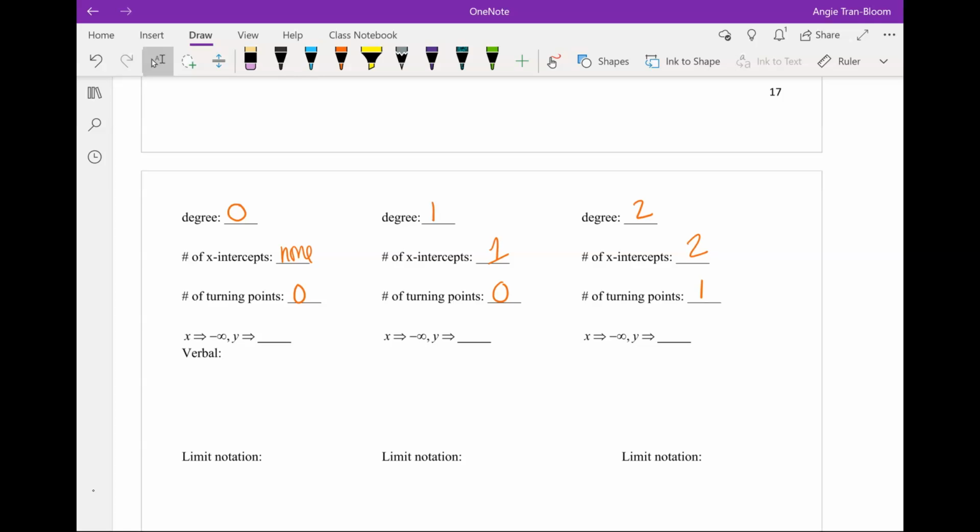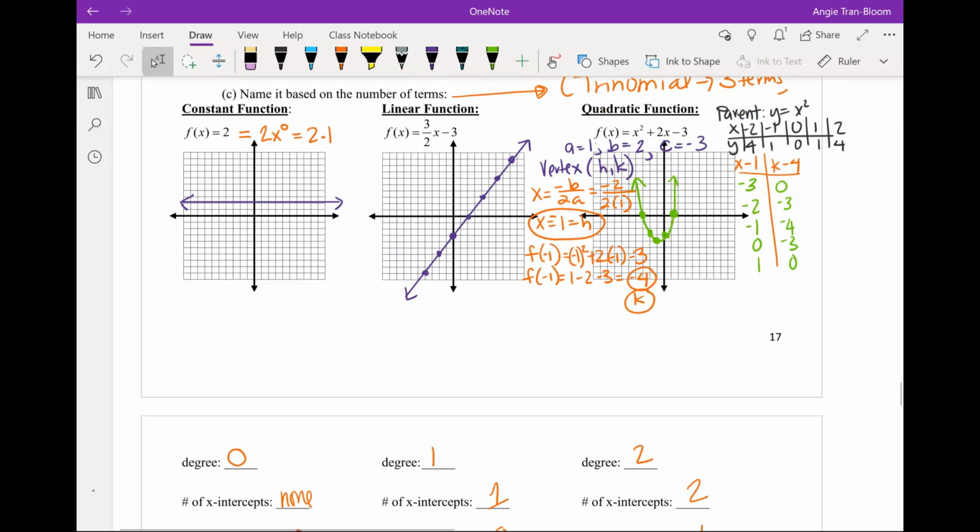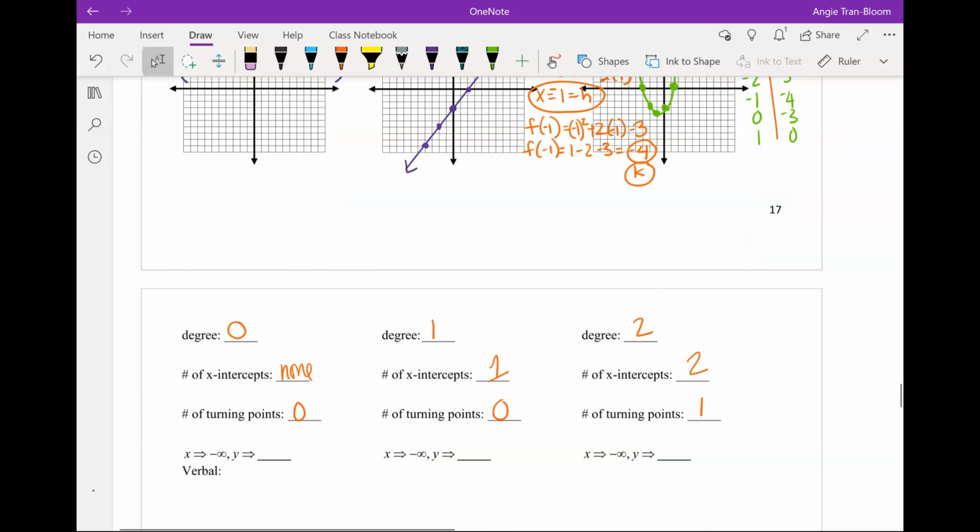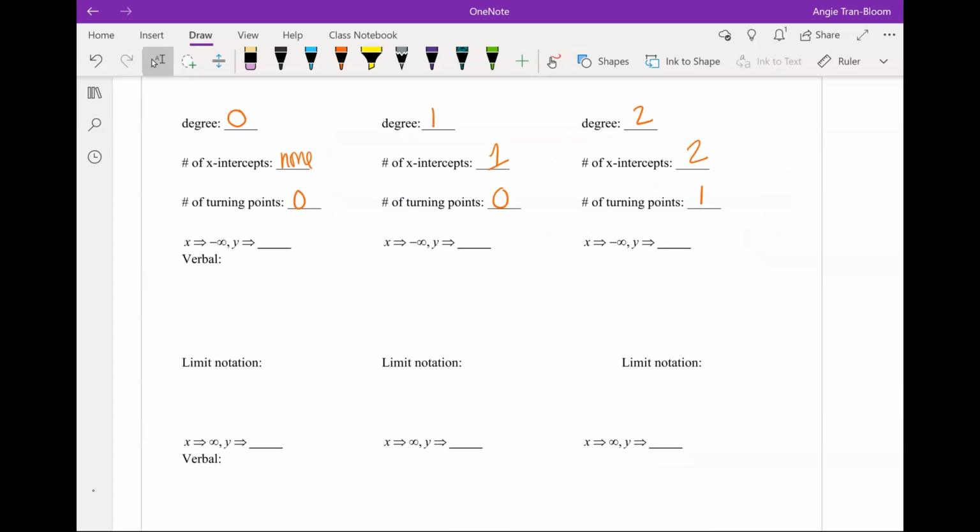And yesterday we defined the definition for end behavior, and we talked about for the constant function, as x approaches, okay, it says verbal down there, so we're going to spell that out. As x approaches negative infinity, y approaches, and then we're going to fill that out.